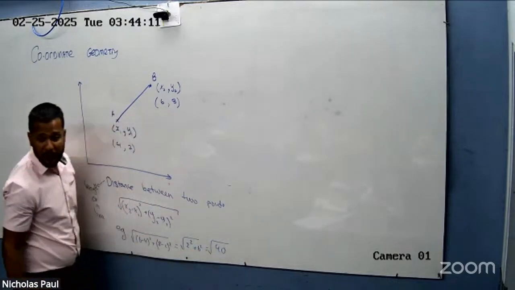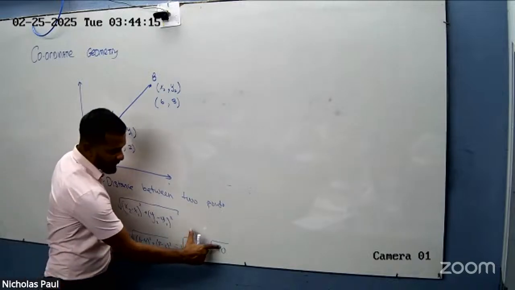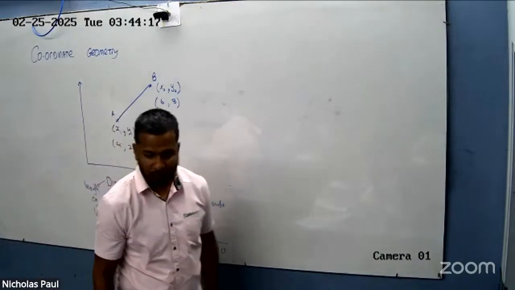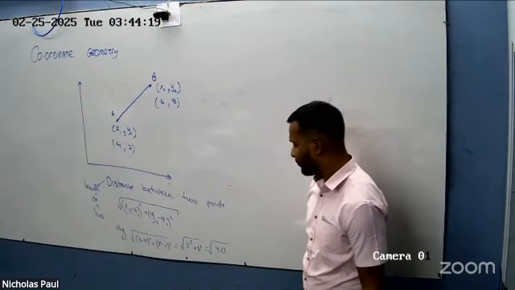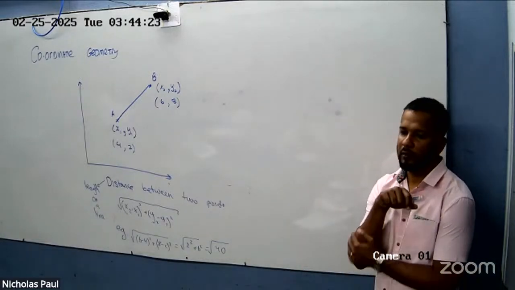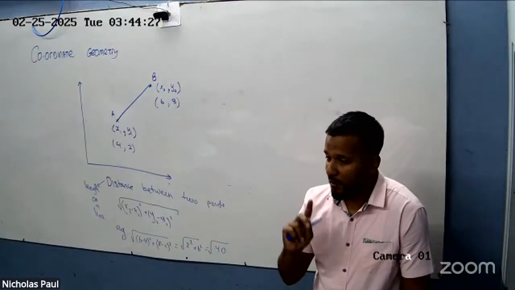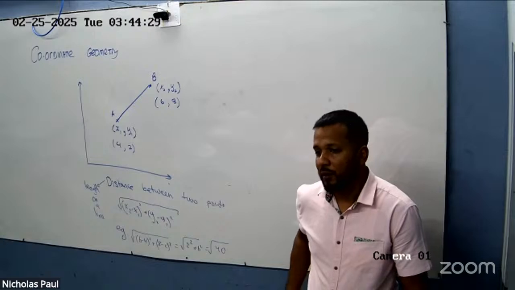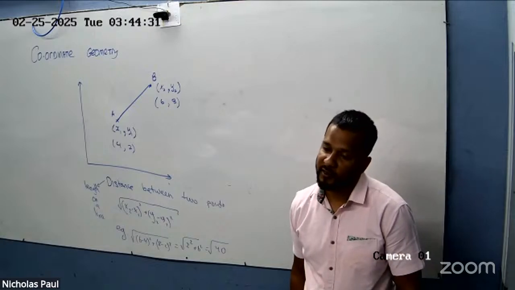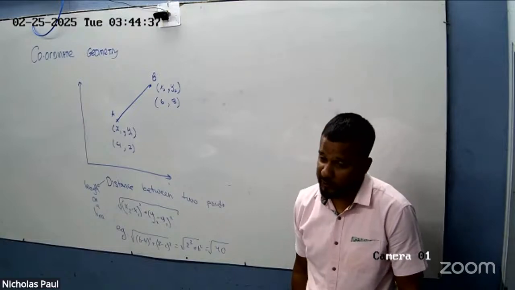Right. Help me break down this, Christopher. Help me break down 40 in terms of surds. What would that be? So you always break down the 40 into a product, where one of them is a perfect square. One of the factors must be a perfect square.